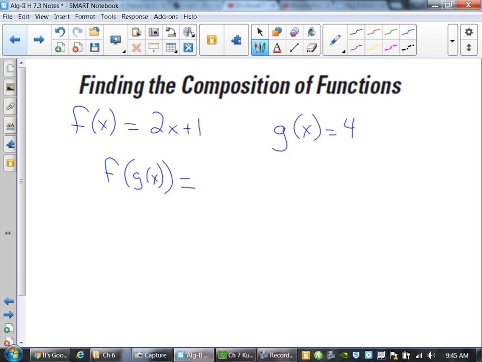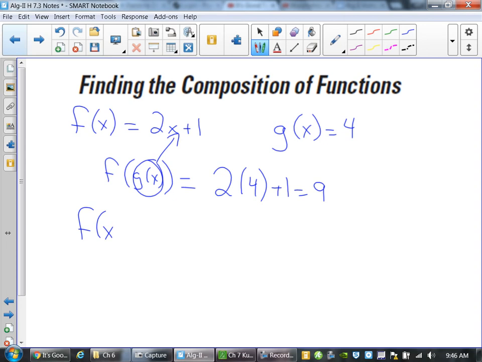The innermost parentheses on this one is basically g of x. What is g of x? 4. So this means I'm going to take whatever this is and substitute it into here.